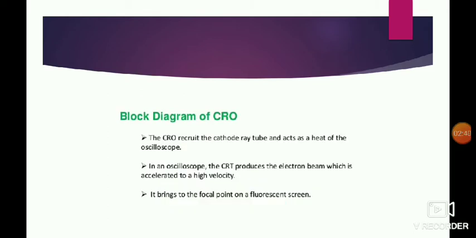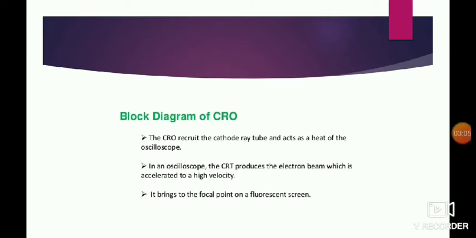The block diagram of CRO: the cathode ray tube acts as the heart of the oscilloscope, and in an oscilloscope the CRT produces the electron beam, which is accelerated to a high velocity.